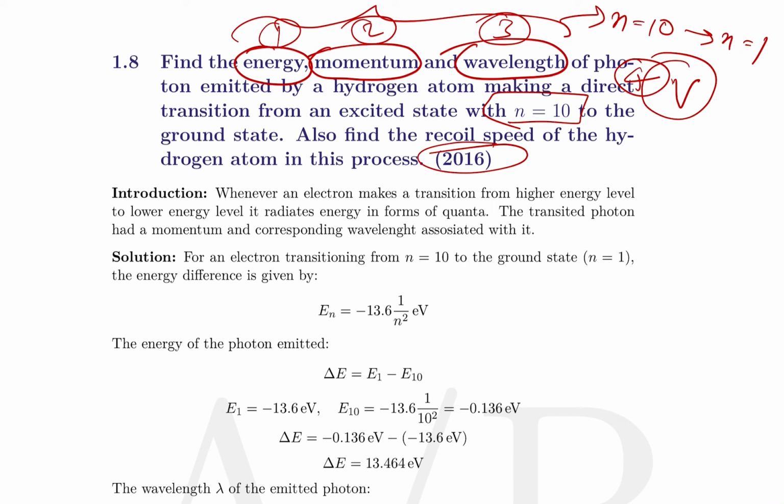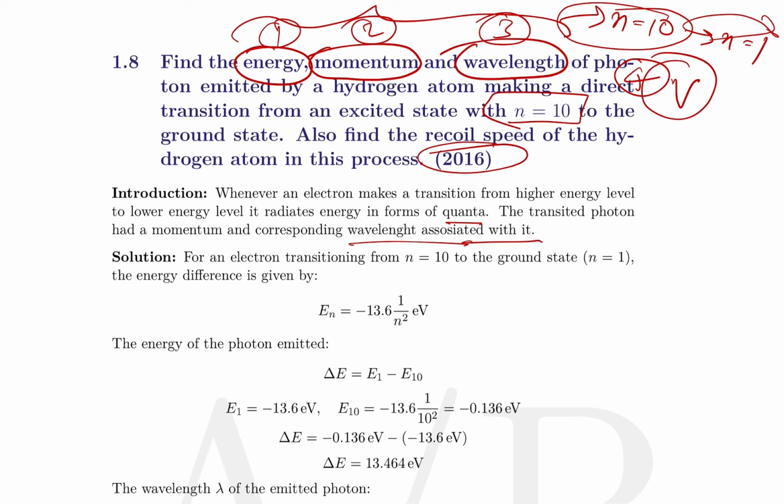Whenever an electron makes a transition from higher energy levels to lower energy levels, it radiates energy in the form of a quanta. This emitted photon has a momentum and a corresponding wavelength associated with it. In this question the electron is being transitioned from n equals 10 to n equals 1, so there is a transition from a higher energy level to a lower energy level.